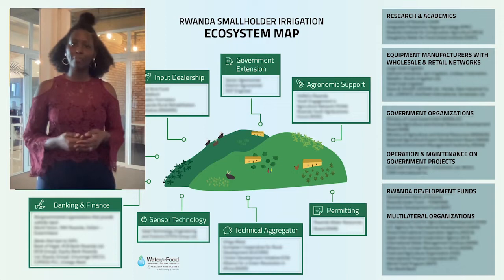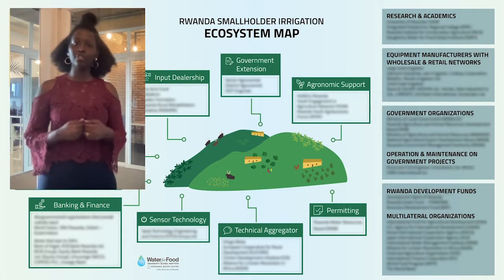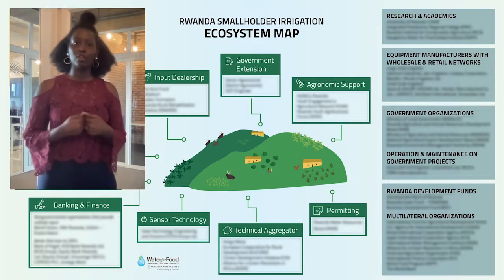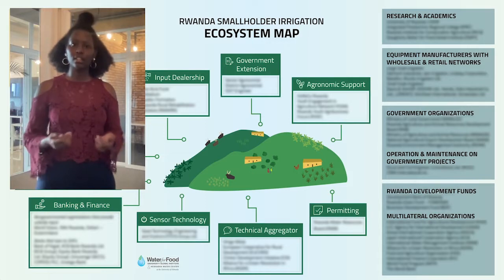At the center of the map is the smallholder farmer who irrigates. Those entities shown in green have direct contact with farmers. Organizations shown in blue have an influence in the irrigation ecosystem, but are not primarily working directly with farmers. In the next 20 minutes, we're going to tell you exactly how we created this map using a step-by-step process which you can replicate to study other ecosystem maps of your interest.